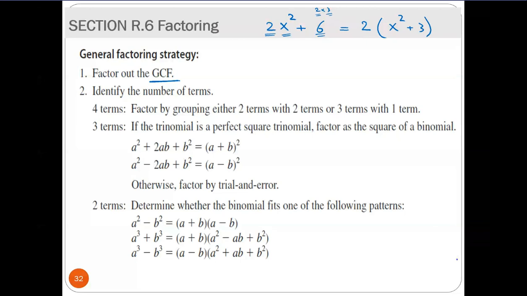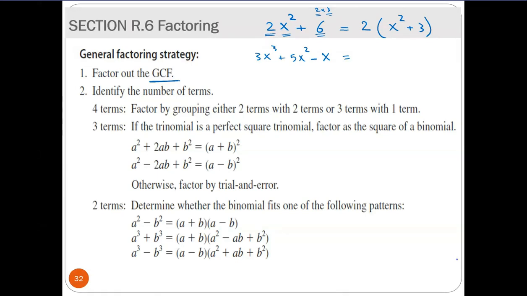Okay, sometimes we can take a variable as common factor. For example, 3x to the power 3 plus 5x squared minus x. So here we cannot take a number as common factor because we have 3, 5 and minus 1.